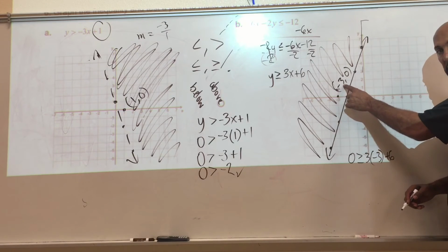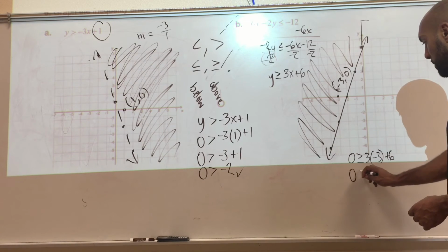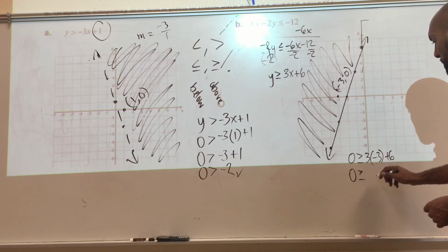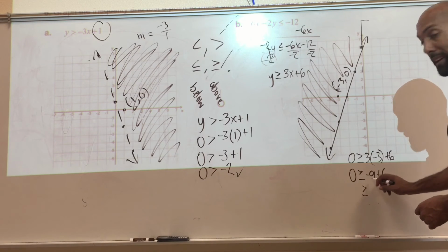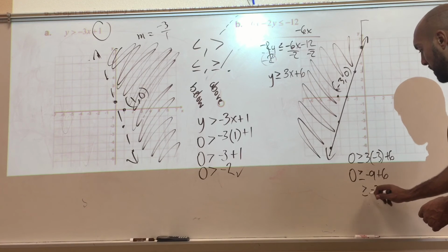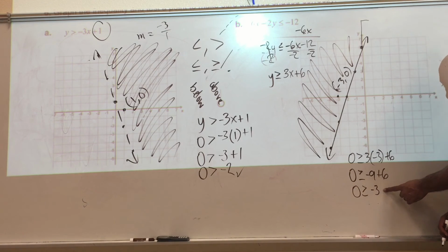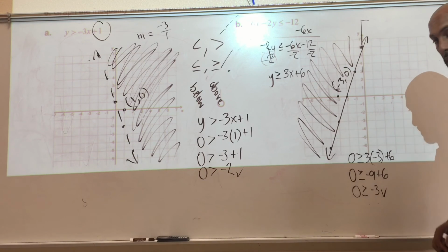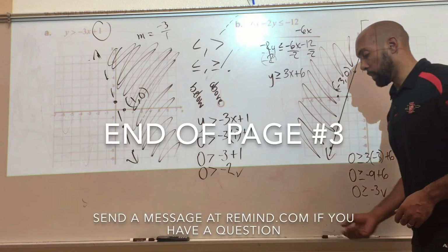I'm just plugging in the negative 3 for x, and then solving the rest. 3 times negative 3 is negative 9, plus 6, negative 3. 0 is greater than or equal to negative 3. That's true, so we know we did it right. That's it. Good luck.